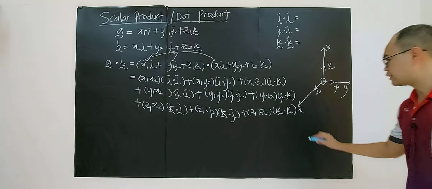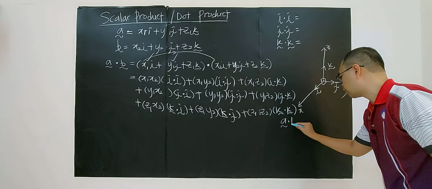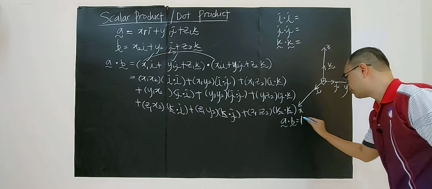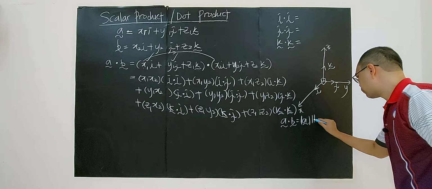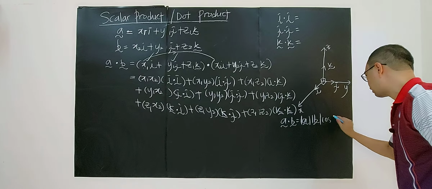So follow the definition of A dot B, which is the most basic definition: magnitude of A, magnitude of B, cosine theta.